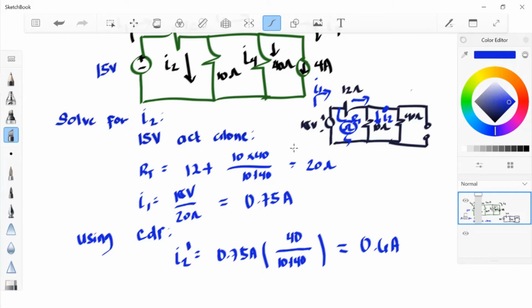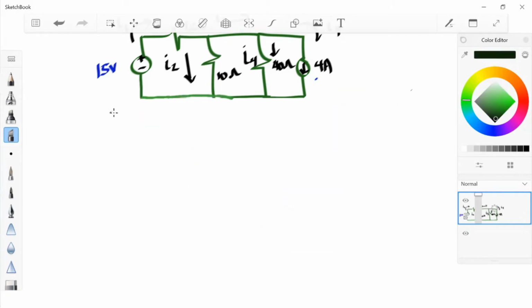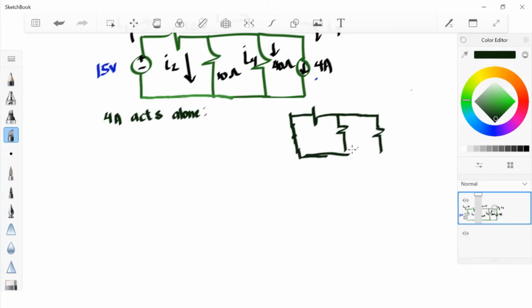Next, the 4 amp current source acts alone. To do this, we need to redraw. We need to replace the 15 volts with a closed circuit: 12 ohms, 10 ohms, 40 ohms, and 4 amps.